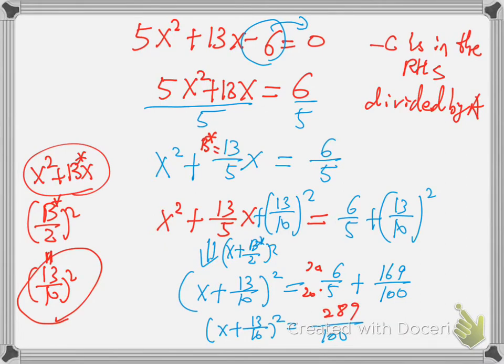Okay, and then we take the square root now. So x plus 13 over 10 is the positive or negative square root of 289 over 100. So x plus 13 over 10 is positive or negative 17 over 10.